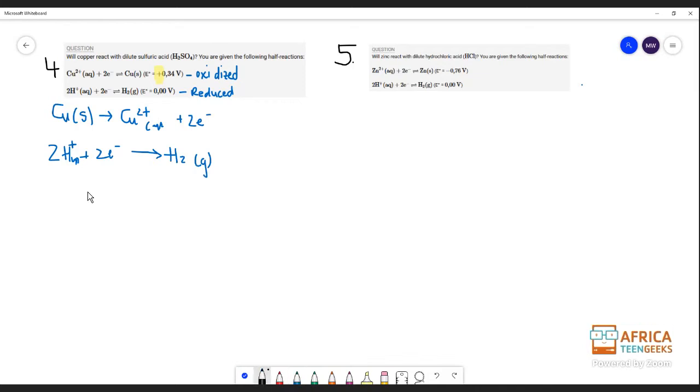This one, you can actually use the formula because they have given it to you, or you have figured it out in terms of it being oxidizing and reducing. You can say E cell is equal to E reduction minus E oxidation.